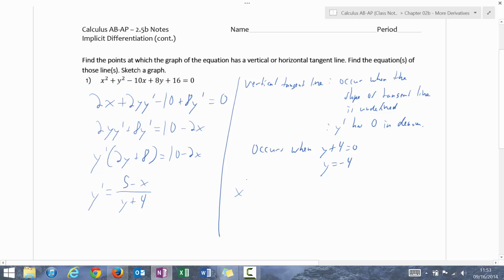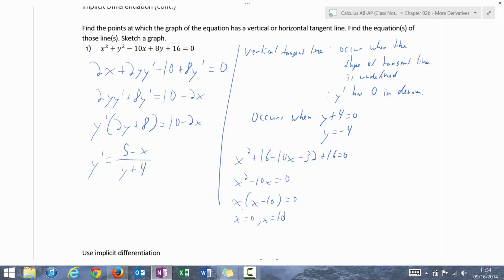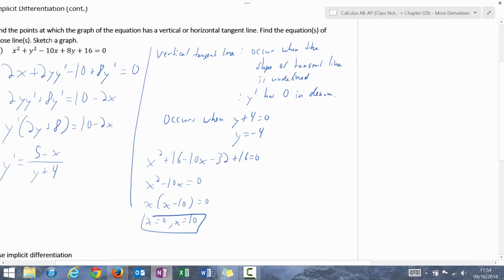And I get x squared plus 16 minus 10x minus 32 plus 16 equals 0. And I have x squared minus 10x equals 0, or x times x minus 10 equals 0, so x equals 0, x equals 10. Those are going to be my two vertical tangent lines.